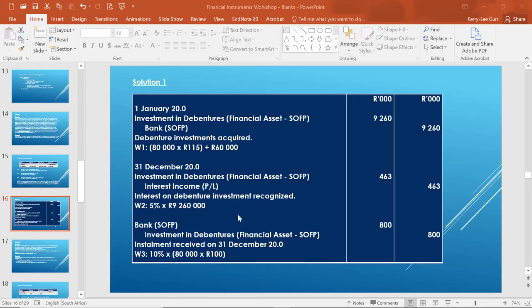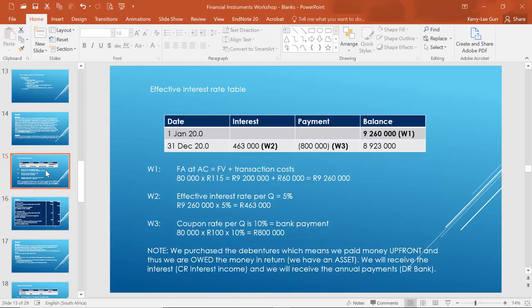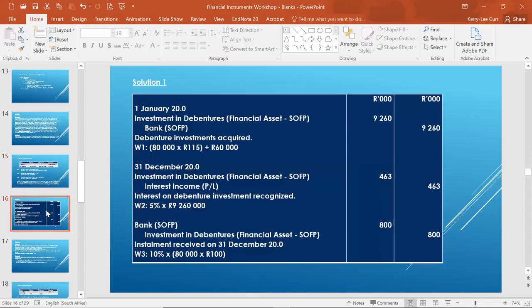We then are going to record basically these two elements from our table, the interest and the payment. This is what we're going to be recording now as we move through for this financial year. So we've recorded this on the 1st of January. We're now going to record the interest and the receipt, shall I say, for this financial asset.